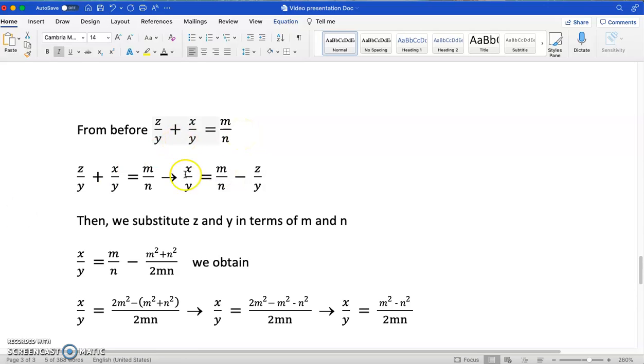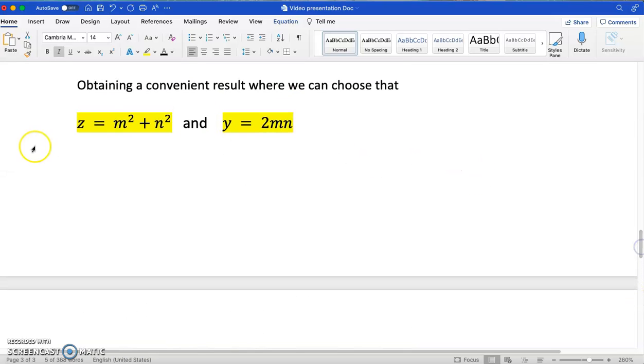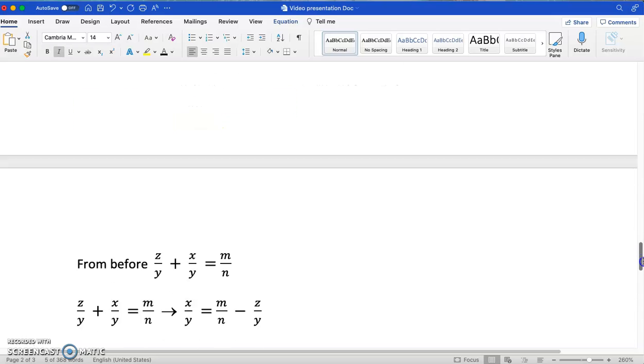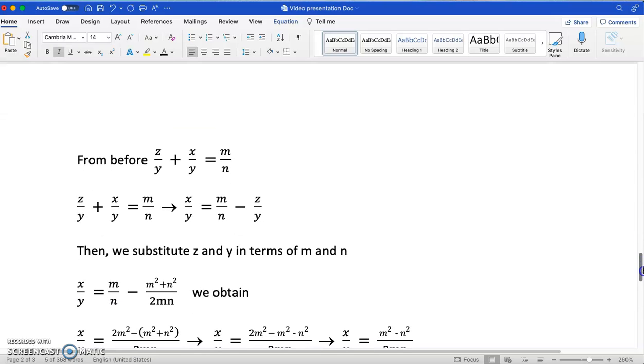And we're going to use the results that we just obtained, these two results, substitute them in there, and solve for x, and see what x equals in terms of m and n. So for that, we're going to solve for x over y. From this equation, we subtract c over y, and we get that x over y equals m over n minus c over y.